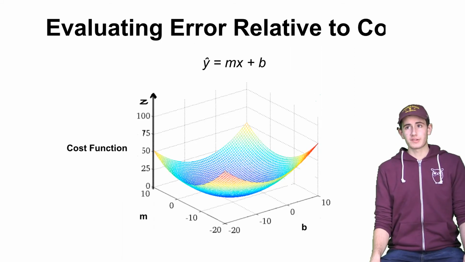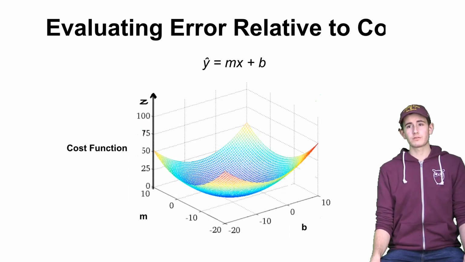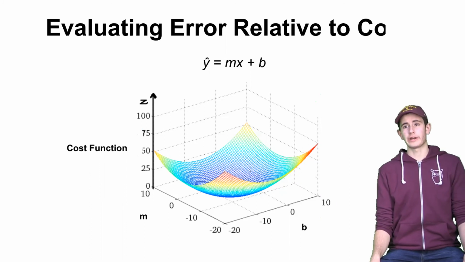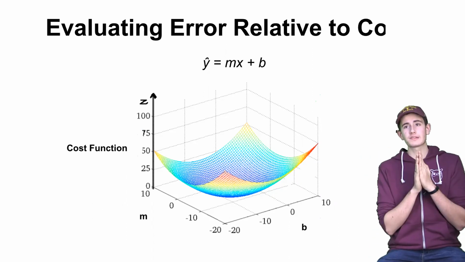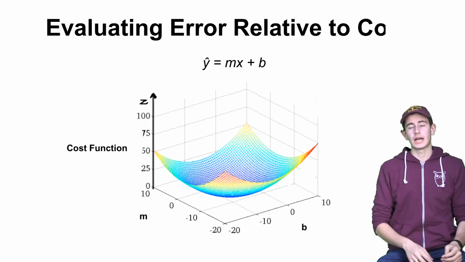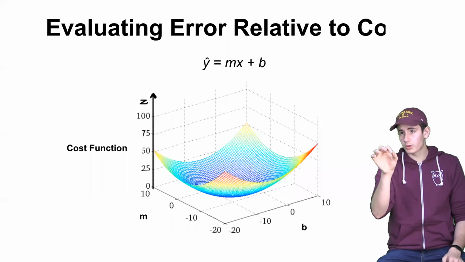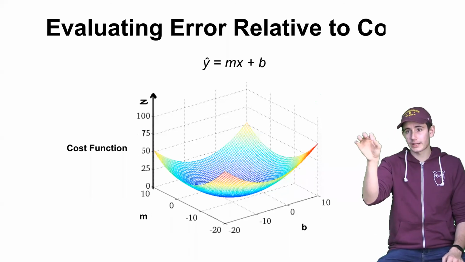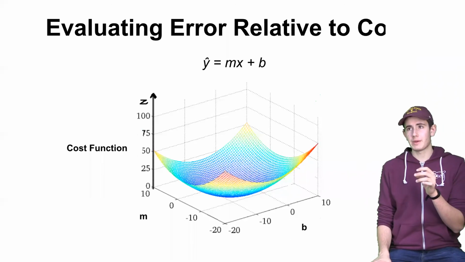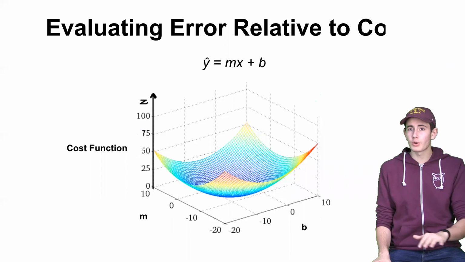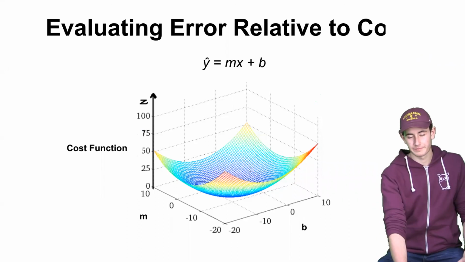In 3 dimensions, when we choose to use m and b in our equation, we can see that it produces a 3-dimensional graph. We're adjusting values of m and b simultaneously, and this affects the cost function. And you see that there's some low point, that blue little low point at the bottom, where there's some combination of m and b that ensures the lowest possible cost.